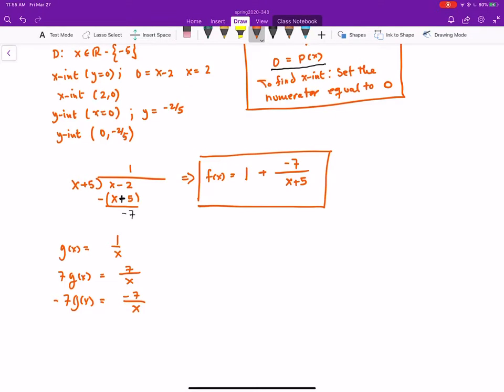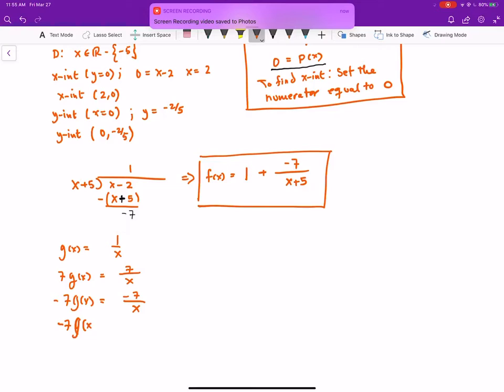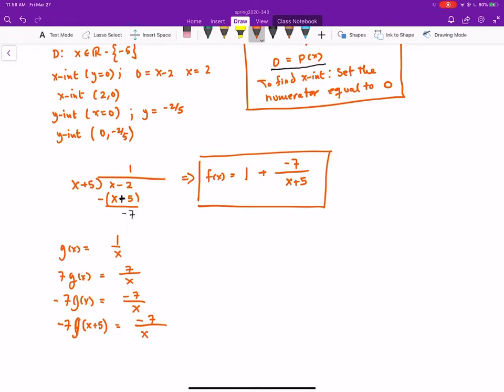And then this was shifted to the left by 5, so you get negative 7 over x plus 5.